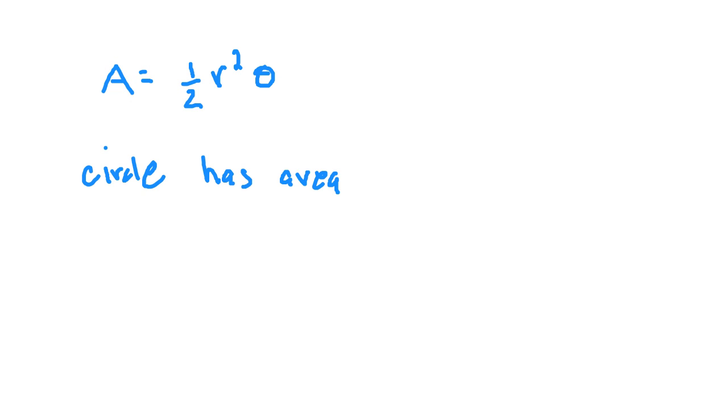If I go to the whiteboard and just write that formula down, area equals 1/2 times r squared times theta, well, let's think about a circle. What's the area of a circle?